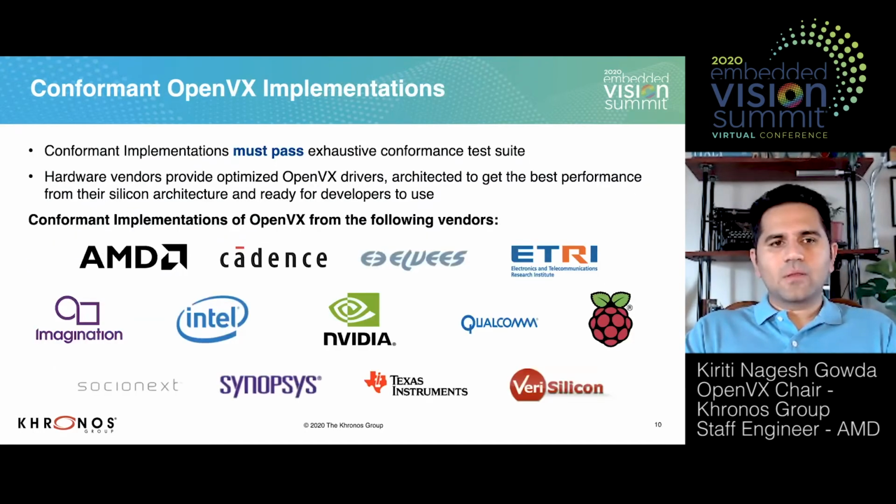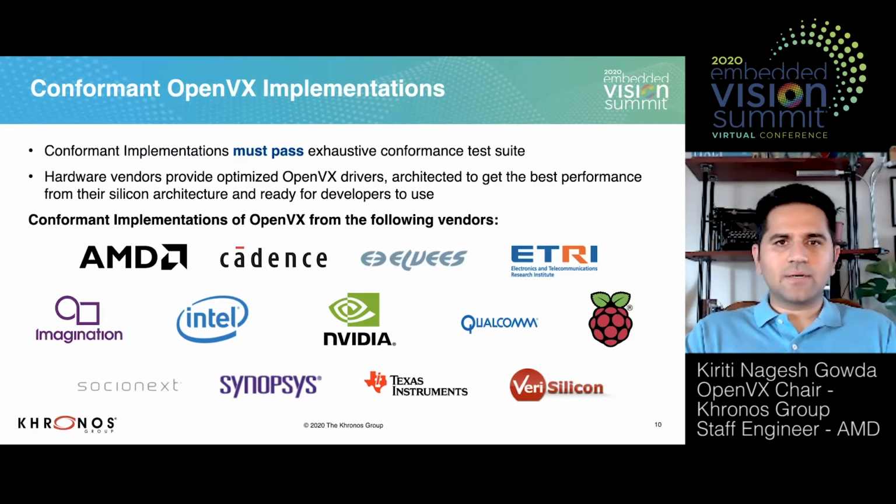And then the other question is, what is a conformant OpenVX implementation? A conformant implementation must pass the exhaustive conformance test suite provided by Khronos to actually use the OpenVX logo.